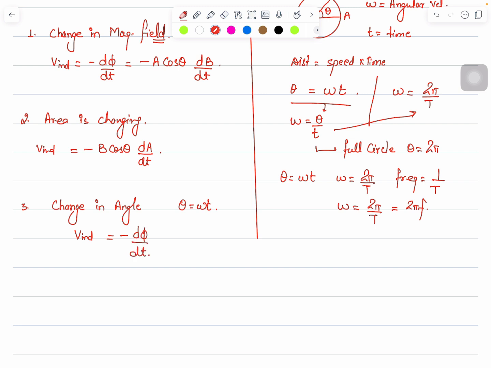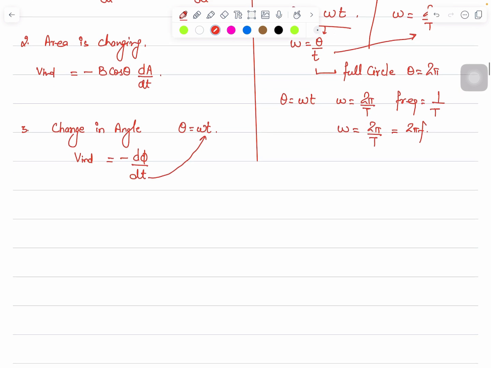So you need something in terms of t so that you can differentiate it. Okay, now V induced is equal to negative AB, or you can say BA, that is much better. B magnetic field, A area, d by dt of cos omega t.